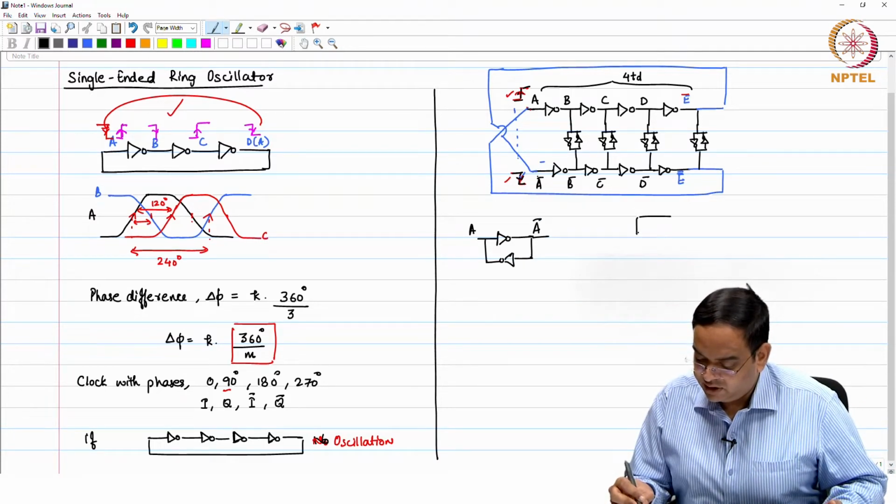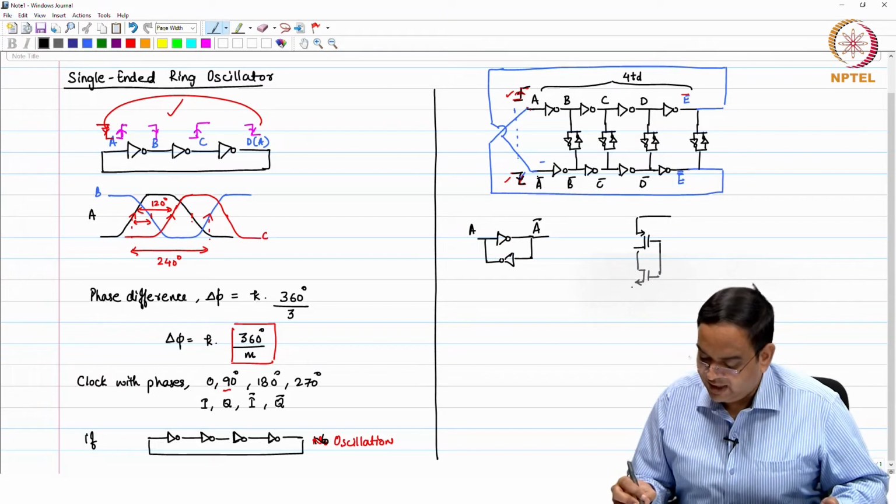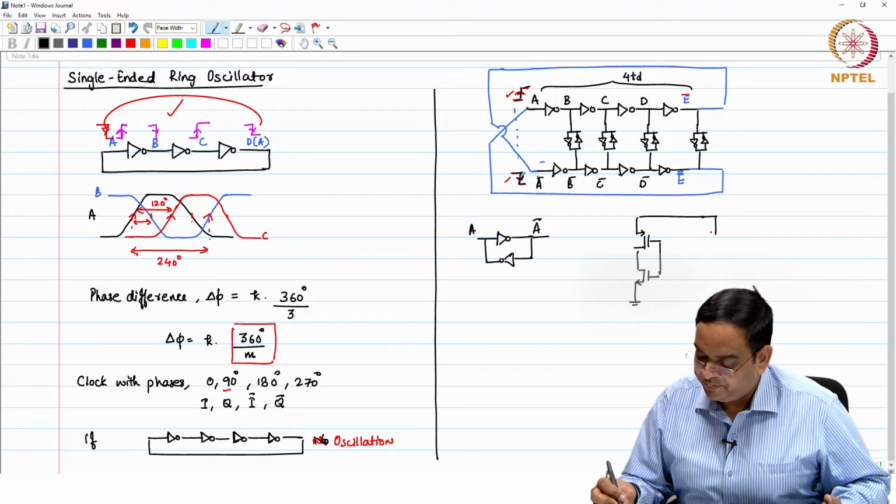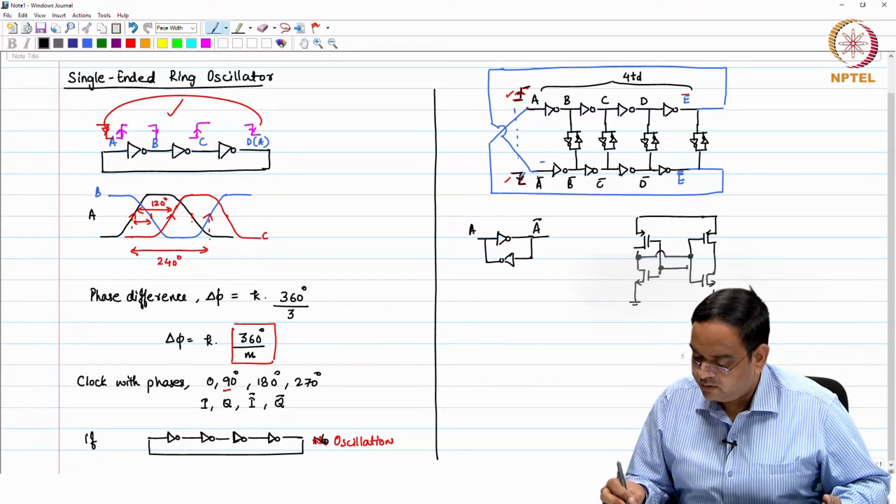So, this inverter will have a supply also, and this inverter supply is the same as other inverter supply in the circuit. So, here I am connecting like this here. So, this is connected to VDD by the way in this case.